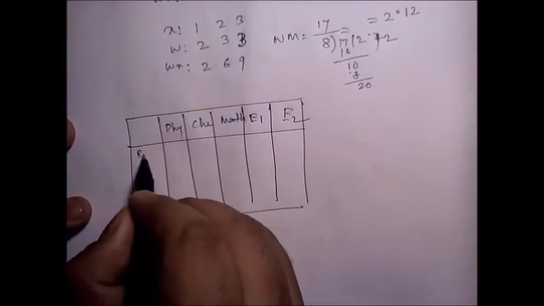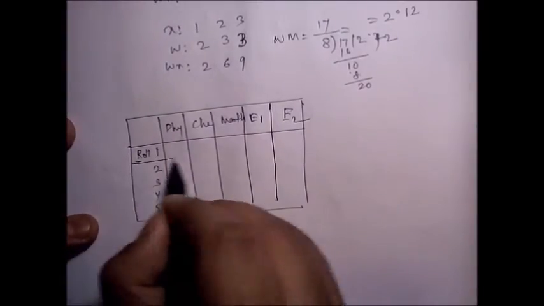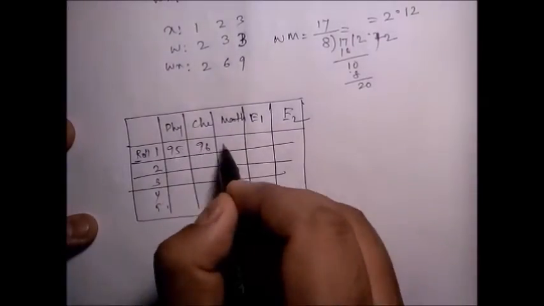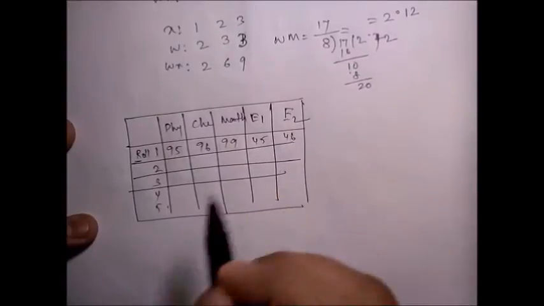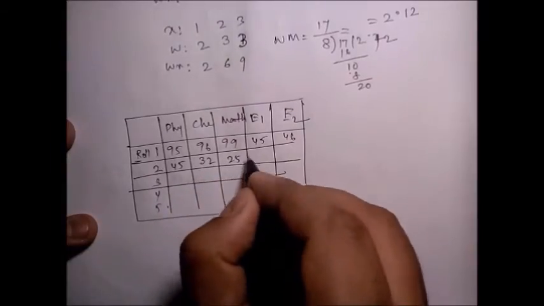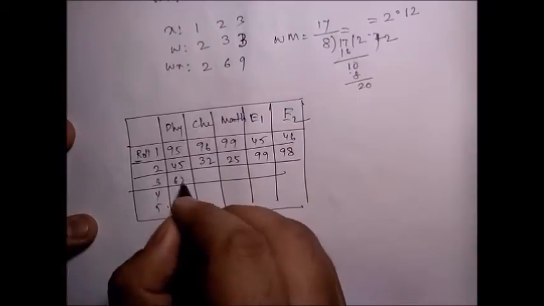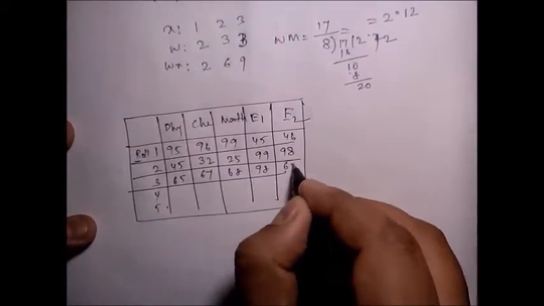The roll numbers are 1, 2, 3, 4, 5, and the marks obtained are, say, 95 96 99 45 46, or 45 32 25 99 98, or 65 67 68 98 67.